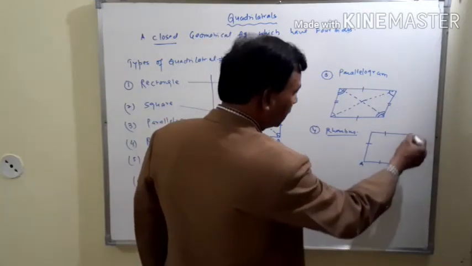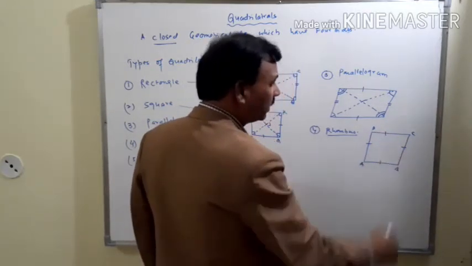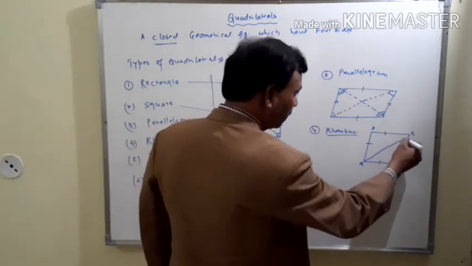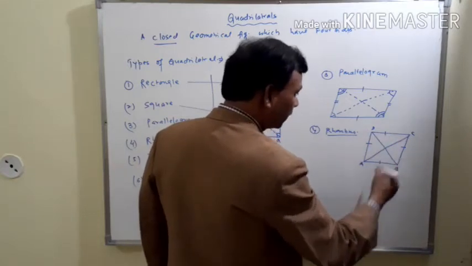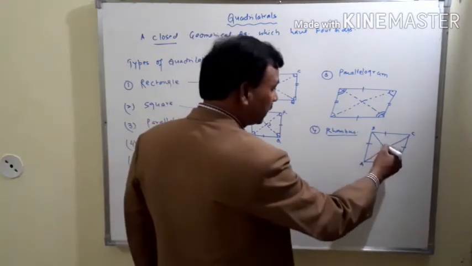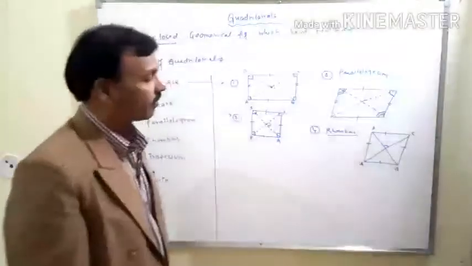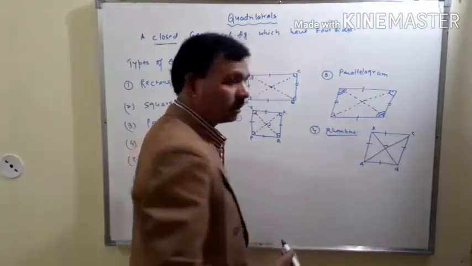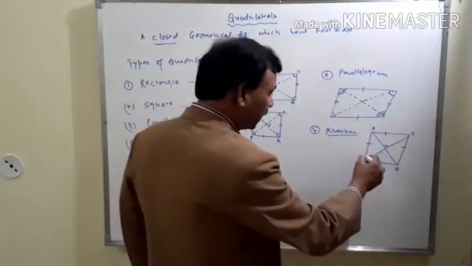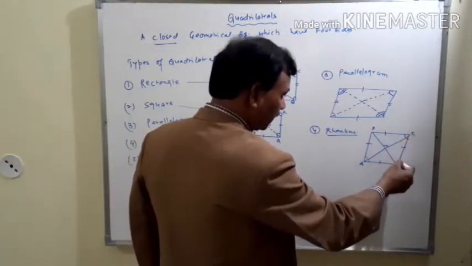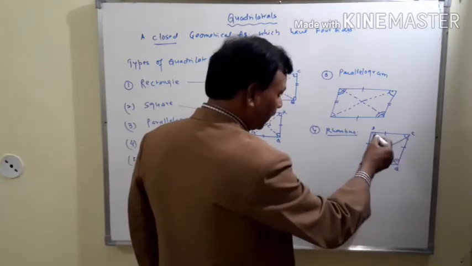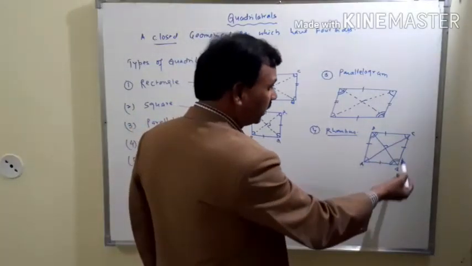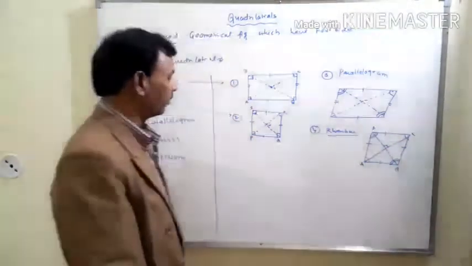ABCD is known as a rhombus. Diagonals are not equal; diagonals are of different lengths but bisect each other at right angle. In the rhombus, all angles are not equal to 90 degrees, but opposite angles are equal in measurement. That means angle A equals angle C and angle B equals angle D.